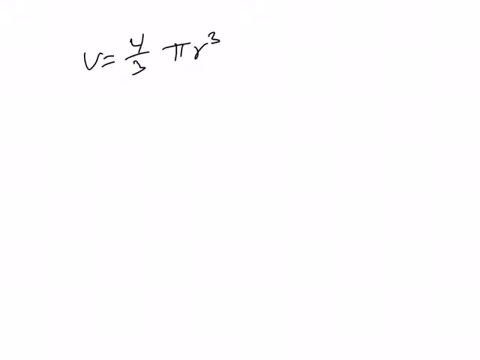So again, it's just going to be V prime is equal, the 3 drops out, we get 4 pi r squared. And this is the instantaneous rate of change. They also want us to find the rate of change when r is changing from 5 to 8. And that would just be to plug in 8, let's say.